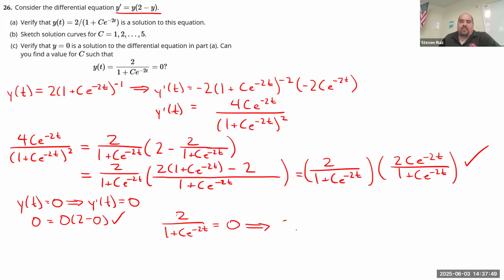That gives me 2 equals 0 times 1 plus c e to the negative 2t. I already have something that's nonsense. So that already tells me that it's impossible to make this happen. Yes, y equals 0 is a solution to the differential equation, but it is distinct from the solution that we gave in part A.